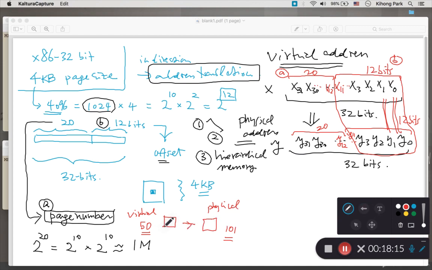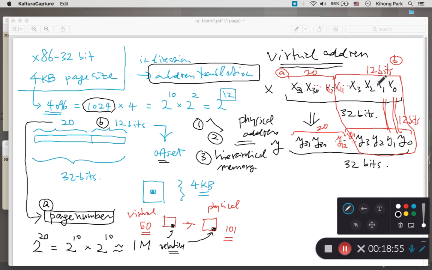But within the page, the byte of interest, suppose it's the first byte, just as an example, that position is the same here. This position of the byte of interest within a page is clearly relative. It's not absolute. And because it's relative to a page, this information did not change. It doesn't need to be translated. It is just what it is.